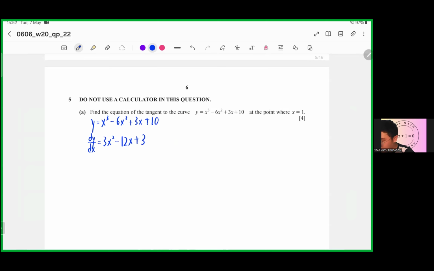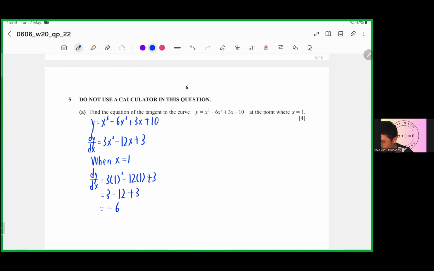Then we take x equals 1 and find the gradient of the tangent first. 3 times 1 squared minus 12 times 1 plus 3, so 3 minus 12 plus 3. 3 plus 3 is 6, and 6 minus 12 gives negative 6.